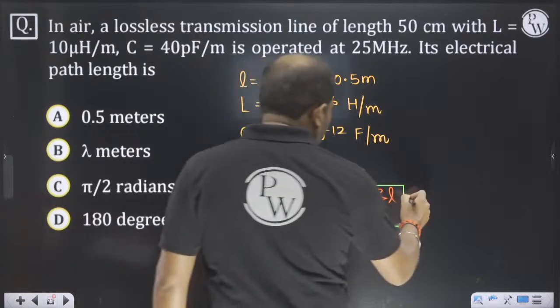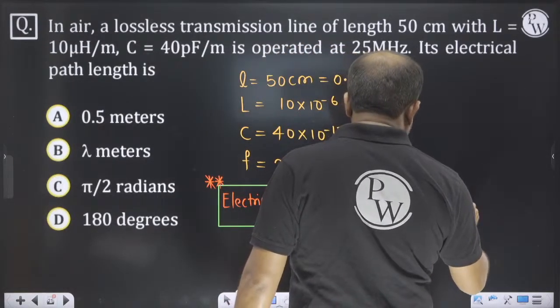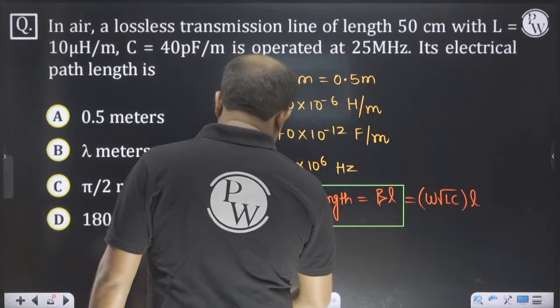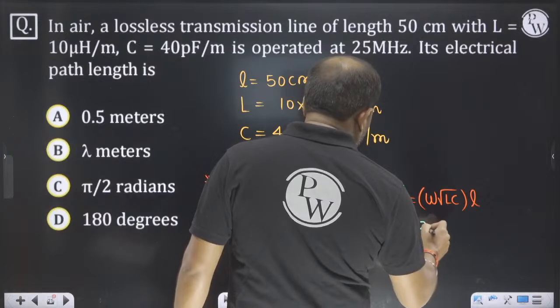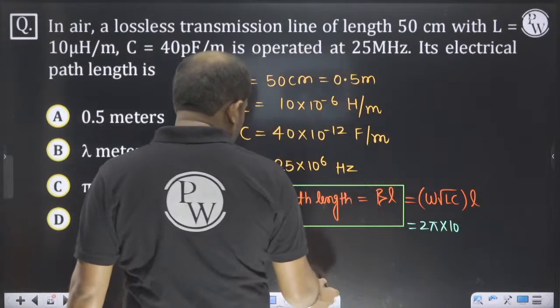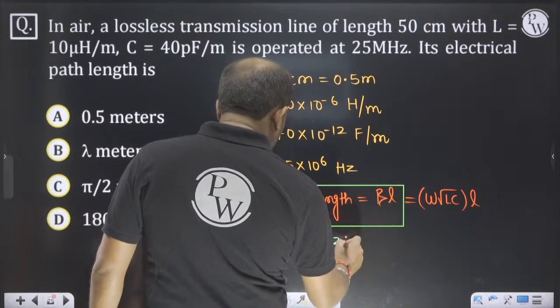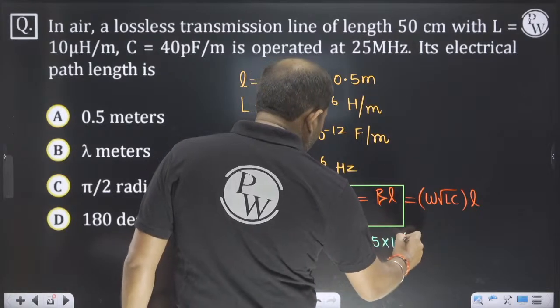So beta is how much? Beta is omega under root LC, and the electrical length is beta into L. We know omega, L, C, everything, so we can calculate. Omega is 2 pi f, f is 25 megahertz, that means 25 into 10 to the power 6. So 2 pi 25 into 10 to the power 6 is omega.